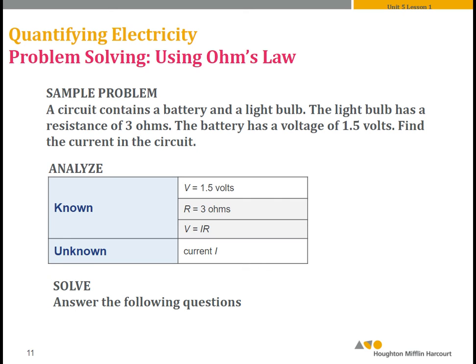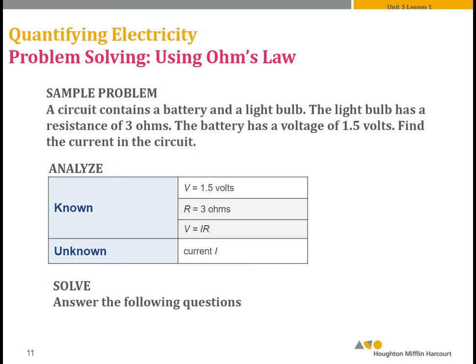So when you solve this equation for I, you divide both sides of the equation by R, and you'll end up with I equals V over R. And so V over R is 1.5 over 3. And you'll end up with the current equals 0.5 amperes.